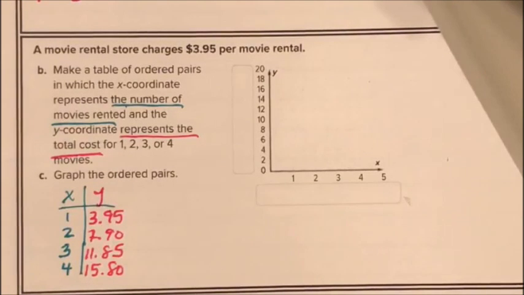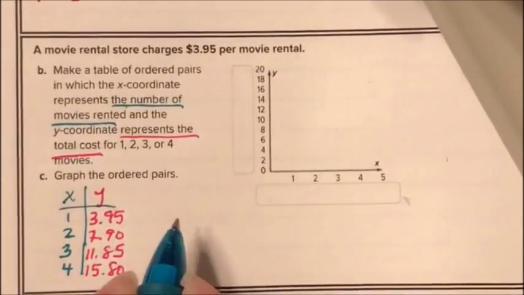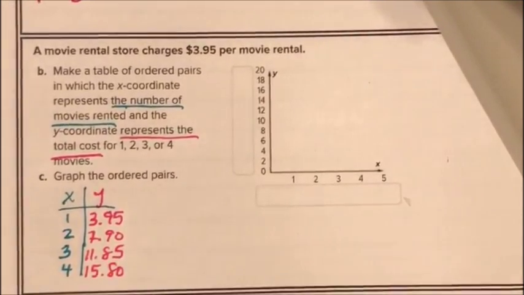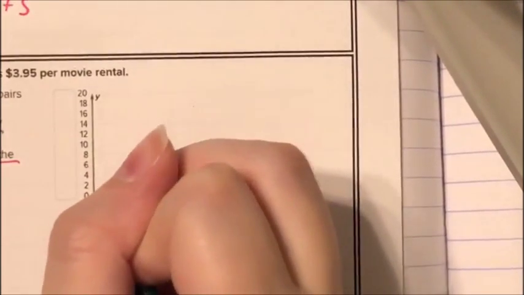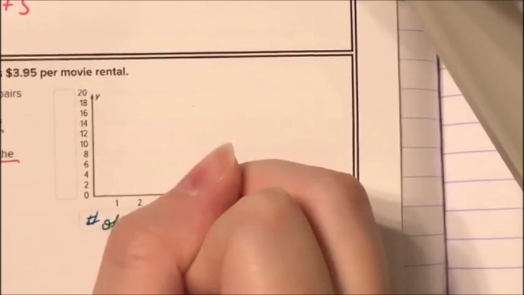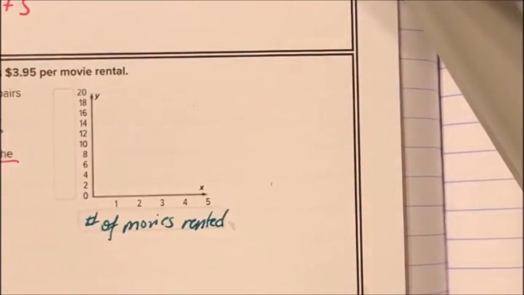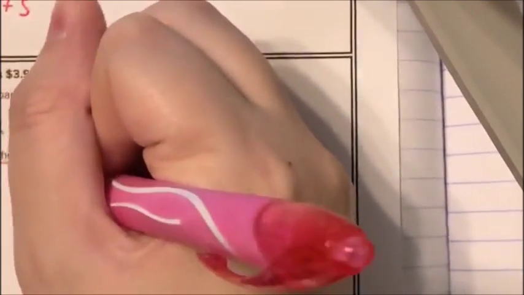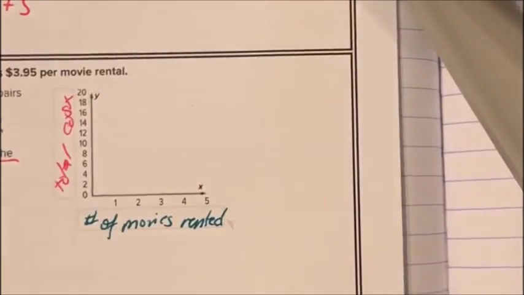Okay, so on my graph over here, my x is number of movies rented, and my y is my total cost.